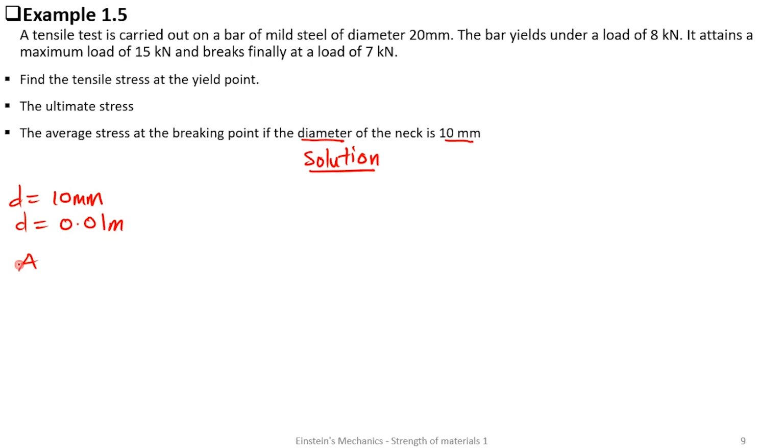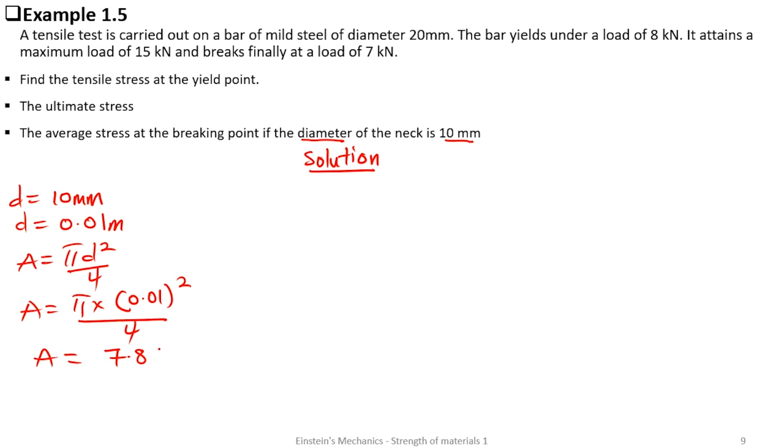The area at that point, pi d squared on 4, equals pi times our new d, 0.01 squared, on 4. So the area is now giving me 7.8539 times 10 to the negative 5 square meters.